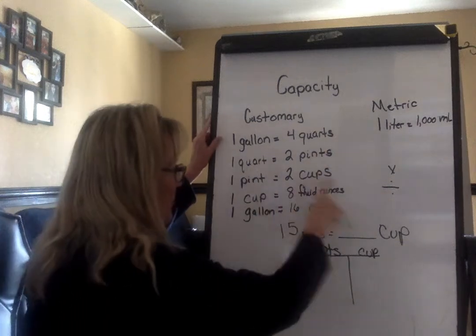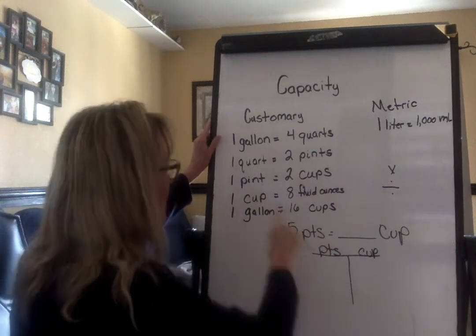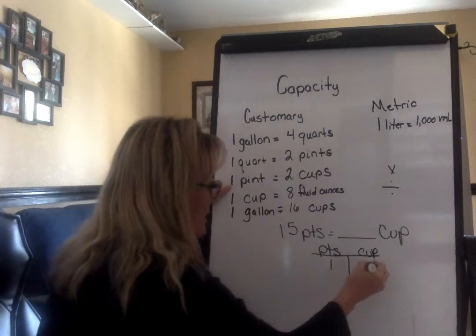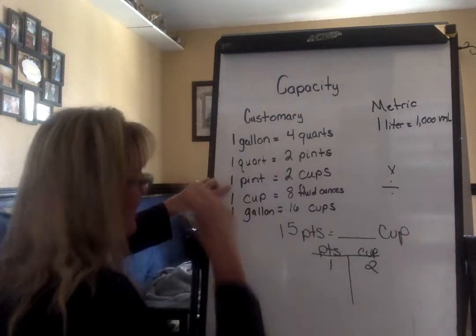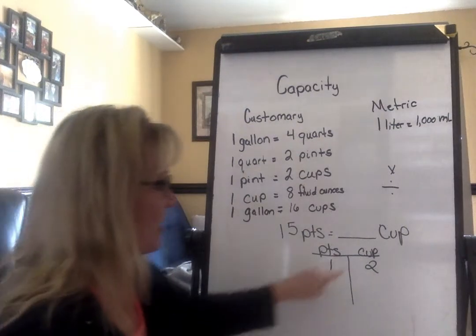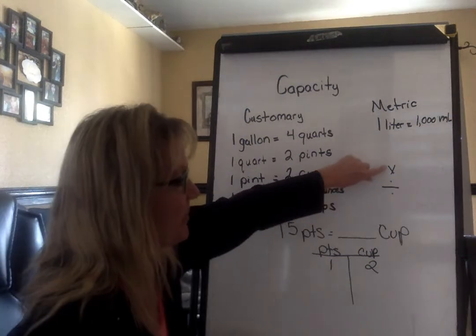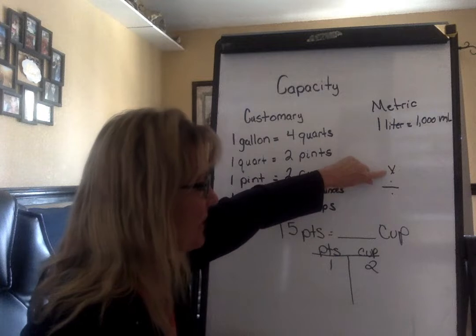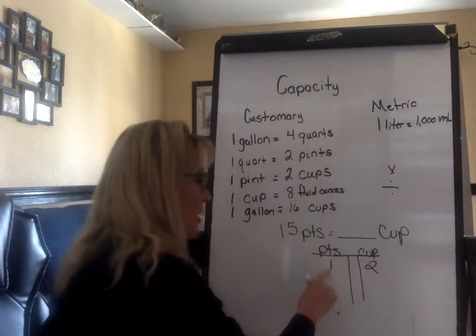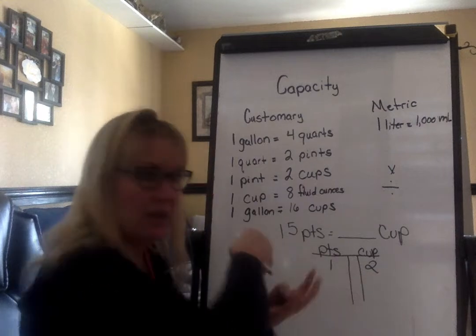Now, in my T-chart, I'm going to find out how pints and cups go together. So I'm going to look at my reference chart and find pints and cups. Here it is. If I have 1 pint, I have 2 cups. Let me figure out the rule. How do I get from 1 to 2? Remember, my only choice is multiply or divide. Well, I went from a smaller to a bigger.